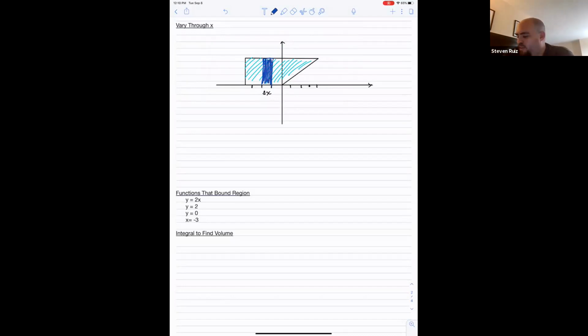Now, instead of revolving this entire thing, I'm just going to revolve this one thin strip. So if I were to revolve that around the x-axis, what kind of shape am I making here?